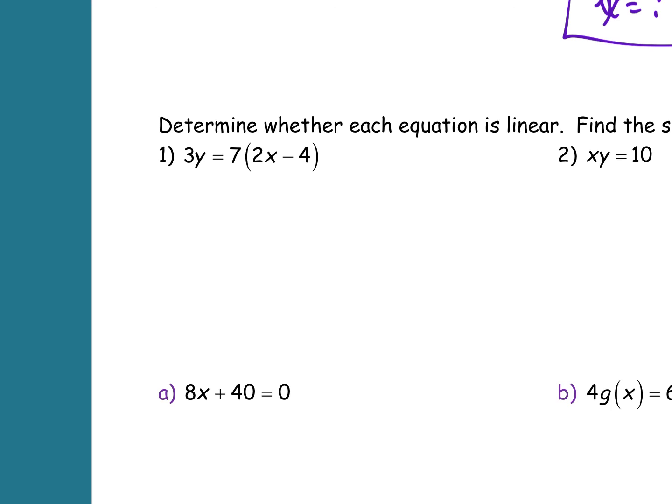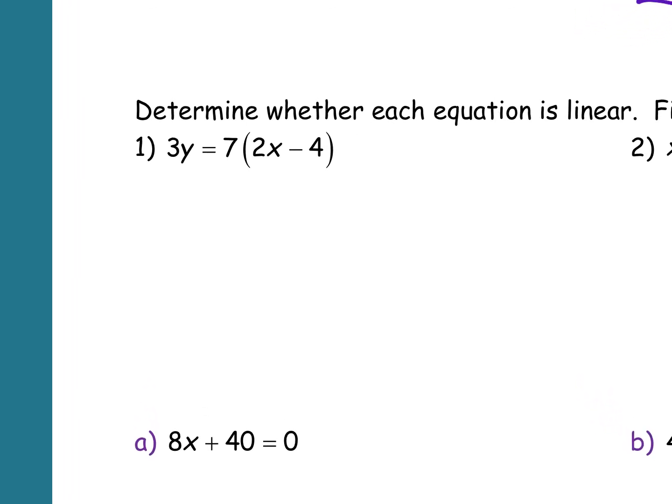What am I doing on number 1 first? Distribute. Distribute 7 into 2x. So what do I get? 14x minus 28. 3y equals 14x minus 28. And then? Wouldn't you want to add 28? Minus 14x, or minus 3y. Divide by 3.